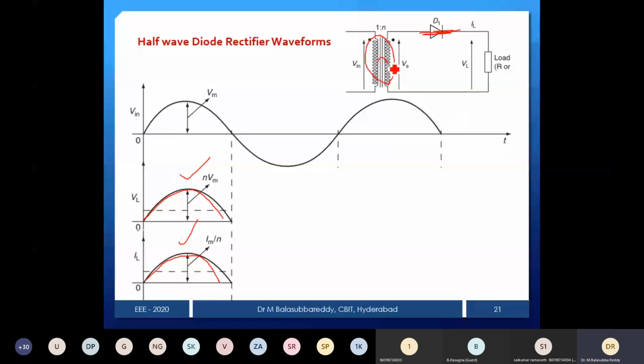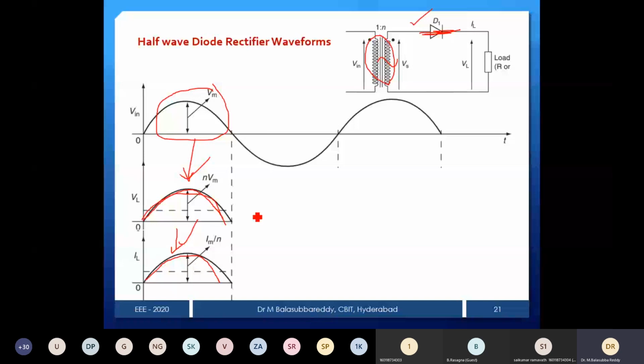Even if you directly connect the supply instead of a transformer, whatever load is there is connected to the source when the diode is on. So you will get the same as the input. That's why I drew exactly this portion here. The current and voltage waveforms are exactly the same because the load is resistive.